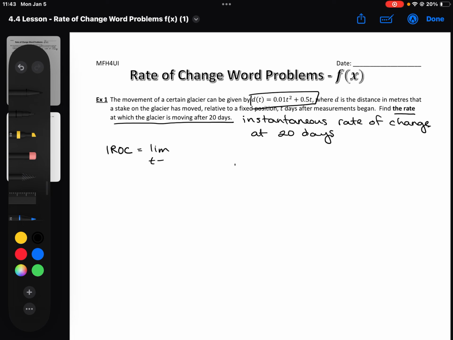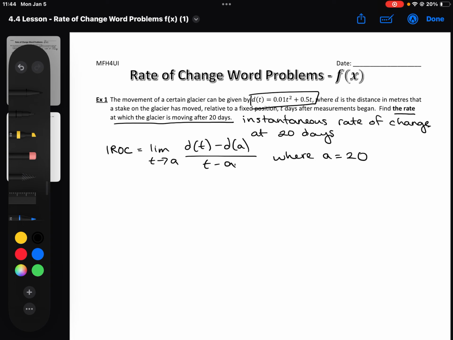We're going to find the limit as t, the variable from our function, approaches a. And we're going to use our original function, d at t, take away d evaluated at a, all over t minus a, where our a value is 20.